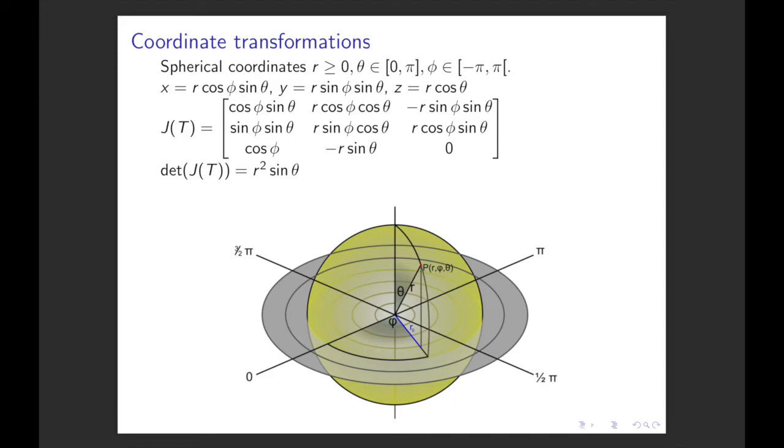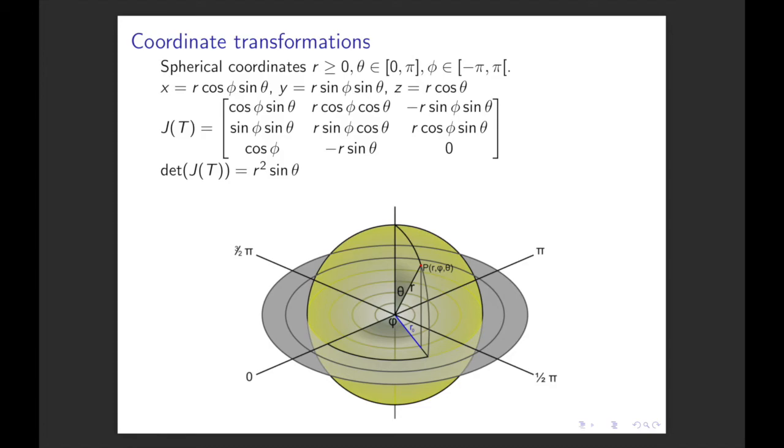It doesn't depend on phi, so that's 0. Now the determinant of this Jacobian is r squared times sine theta. So this is the change of volume that we have in each point and have to multiply under the integral if we compute in spherical coordinates to get the same as what we would get if we compute in Cartesian coordinates.